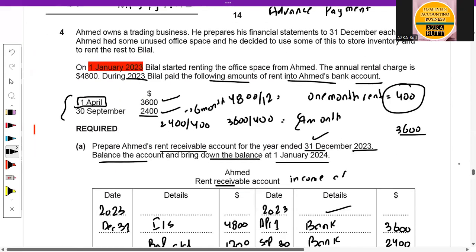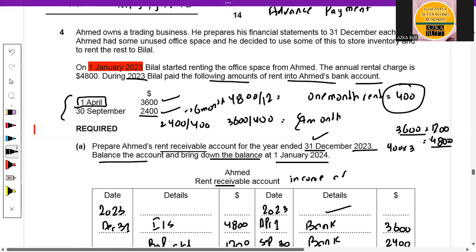So 3 months payment is related to this year, because he paid $2,400, and the remaining payment is related to the other year, that is 2024. So we need 3 months payment. For 1 month, this is 400, so multiply this with 3. So 1,200. So 3,600 plus 1,200 is equal to 4,800.